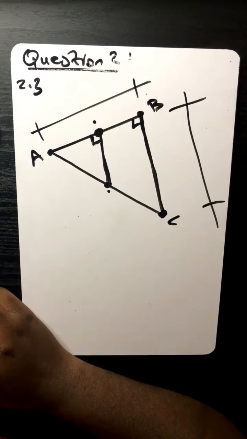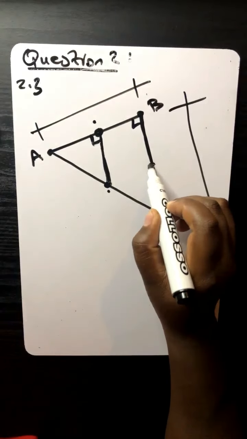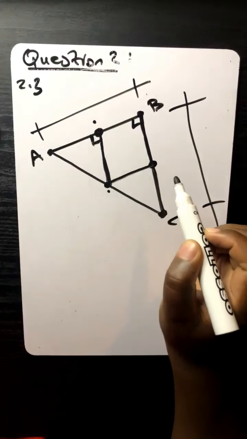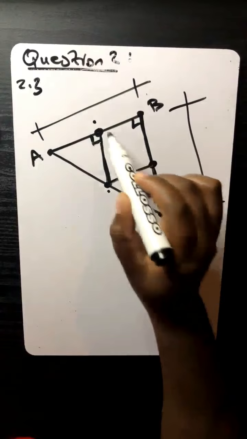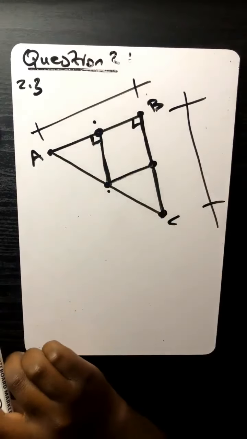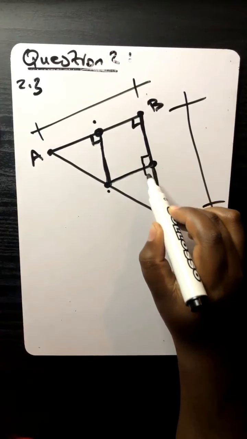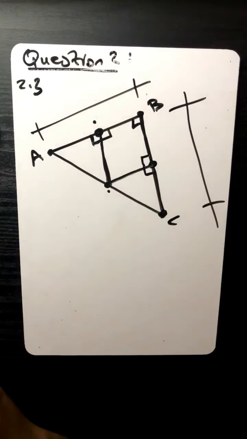So if we've got a center there and we join those, this line is parallel to that line. So we also have a 90-degree angle there, just like we had a 90-degree angle there. I'm not sure if you guys understand what I'm trying to say.